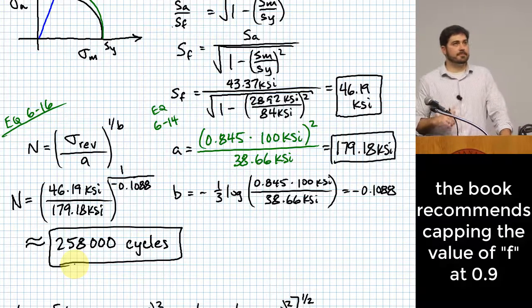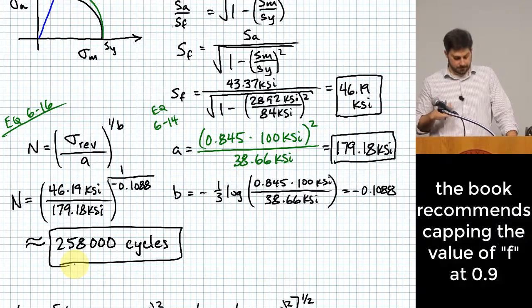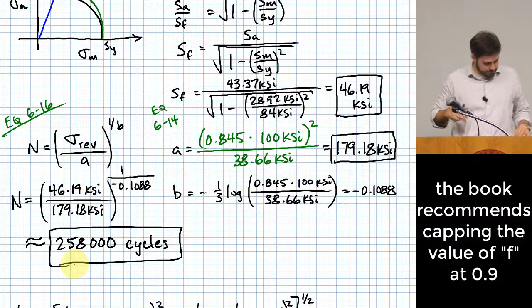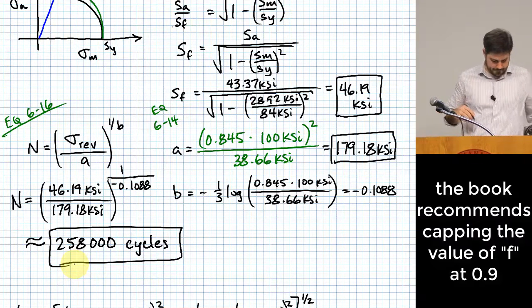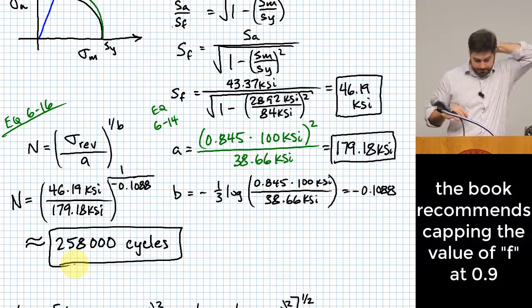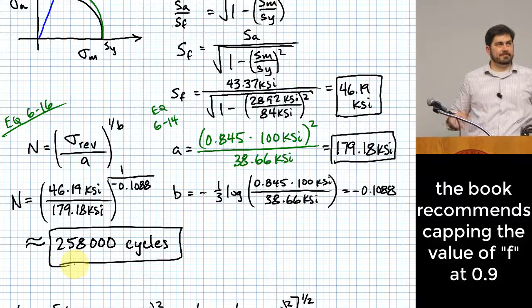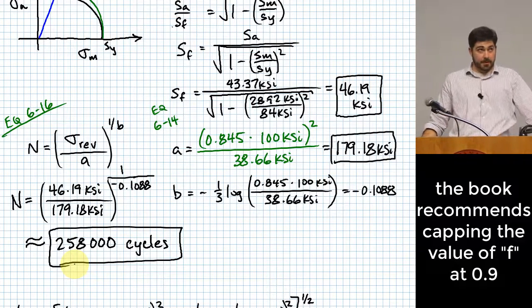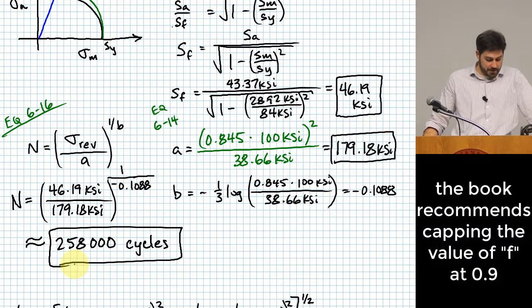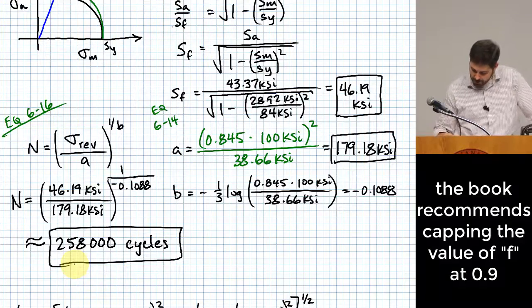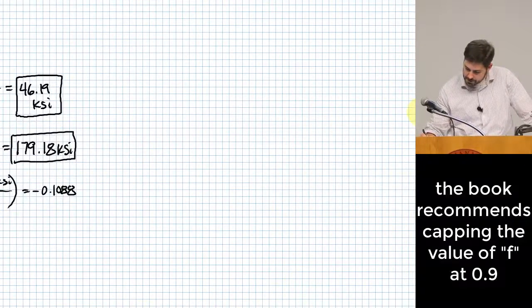Yes, sir. Right. For lower strength materials, S sub UT values less than 70 KSI, it recommends that you let F cap out at 0.9. Because you'll notice on that chart, it's getting larger and larger as you move to the left.